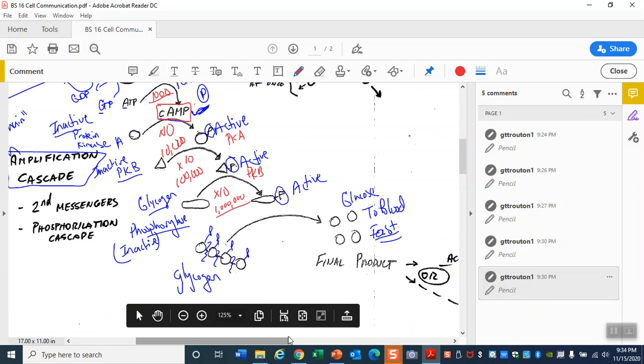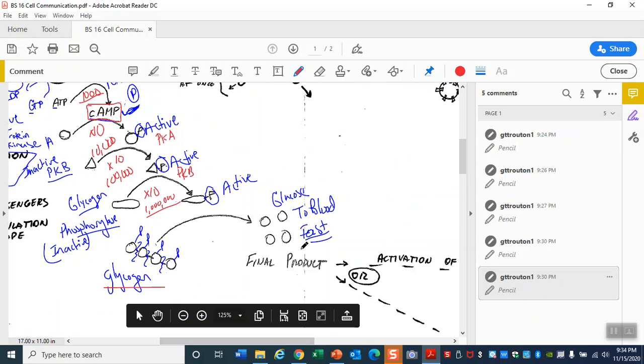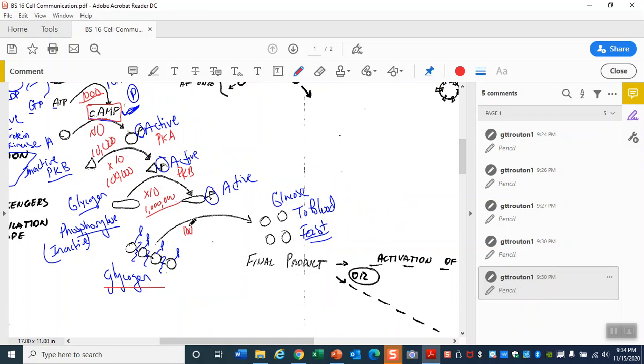And in terms of them releasing the glucoses from glycogen, the total amount of glucose, this end glucose, is 100 million, 10 to the 8th glucoses that can be released from a single adrenaline molecule, from a single adrenaline ligand.